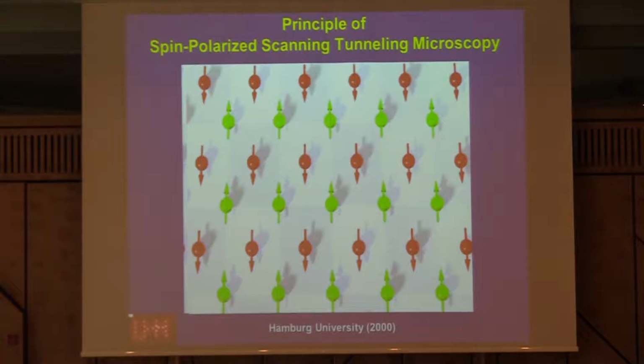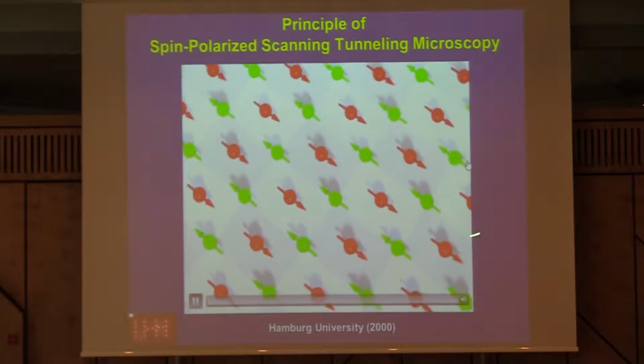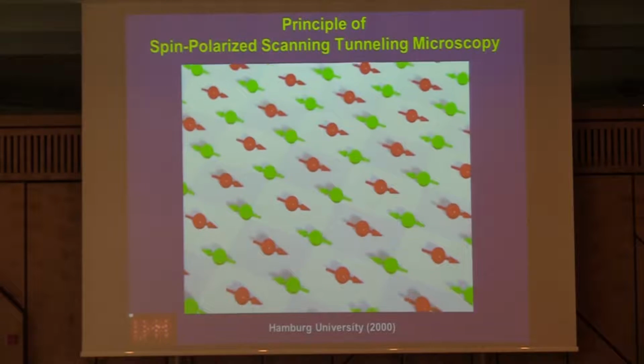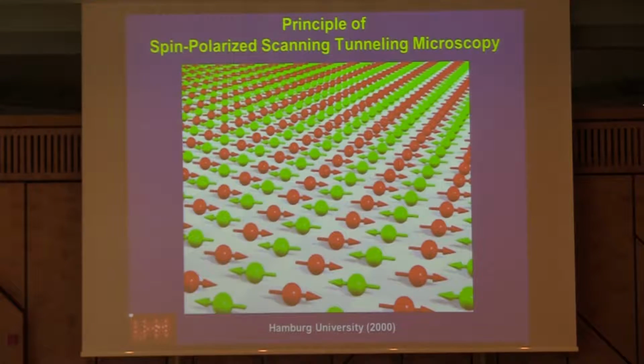Now the basic principle on this atomic scale is very nicely illustrated in this animation, which was made by Stefan Heinz. Here we have a schematic drawing of such an in-plane antiferromagnetic structure as realized, for instance, by a single atomic layer of manganese on a tungsten 110 substrate.